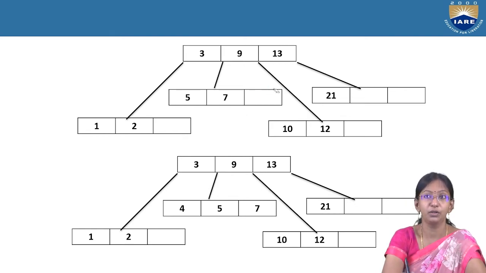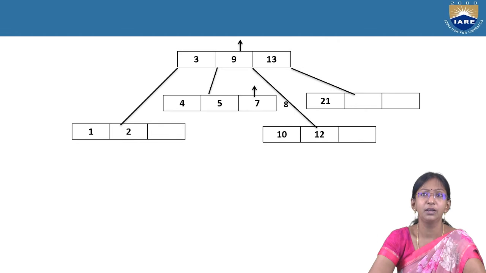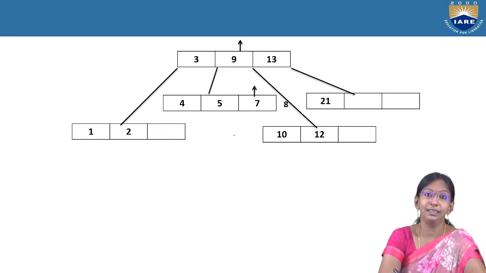So shift 5 and 7 and give space for 4. This is how we are going to construct a search tree for any given order. Next, if you try to insert 8, the 8 value is between 3 and 9.